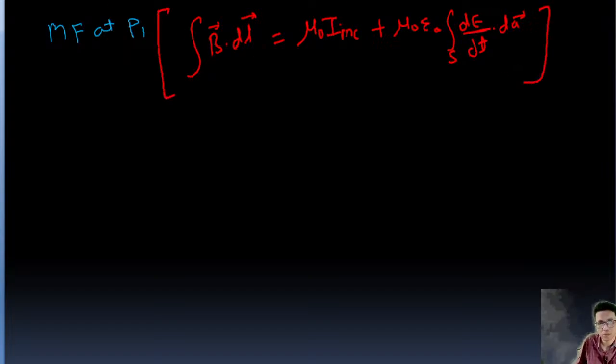We'll use this formula at P1 and P3, because these points are within the capacitor. So integration B dot dl equals mu 0 I enclosed plus mu 0 epsilon 0 surface integration of dE upon dt dot dA, where A is the area vector.